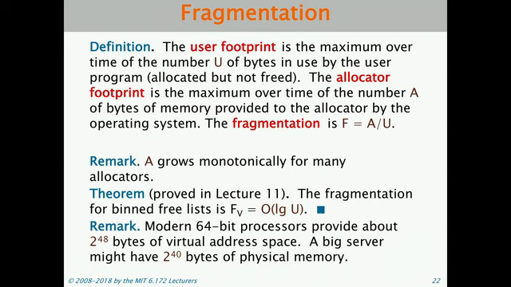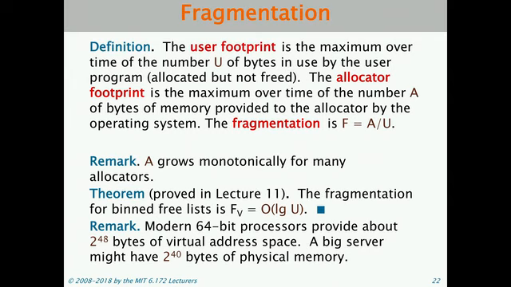Another thing to note is that modern 64-bit processors only provide about 2^48 bytes of virtual address space. This is sort of news because you would probably expect that for a 64-bit processor, you have 2^64 bytes of virtual address space, but that turns out not to be the case.